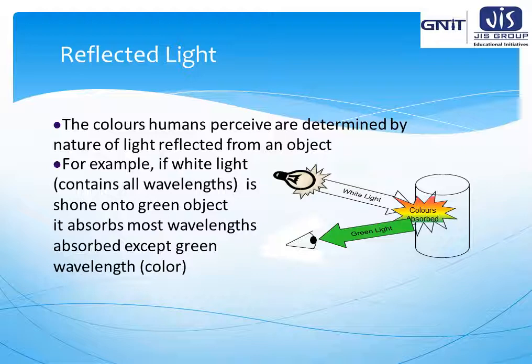So if white light is incident on a green object, it absorbs most wavelengths except the green wavelength or the green color. So the green light will come to our eyes and we can see that particular object as green. So this is the reason behind any colored object.